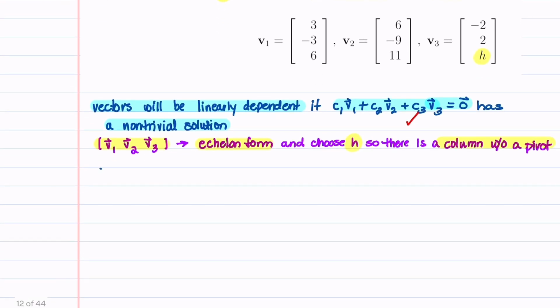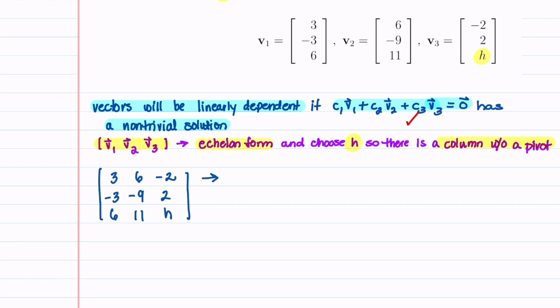So we're going to take our matrix and put vector v1 in the first column. So we have a 3, minus 3, and a 6. We're going to put vector v2 in the second column and then vector v3 in our third column. And we're going to put this in echelon form.